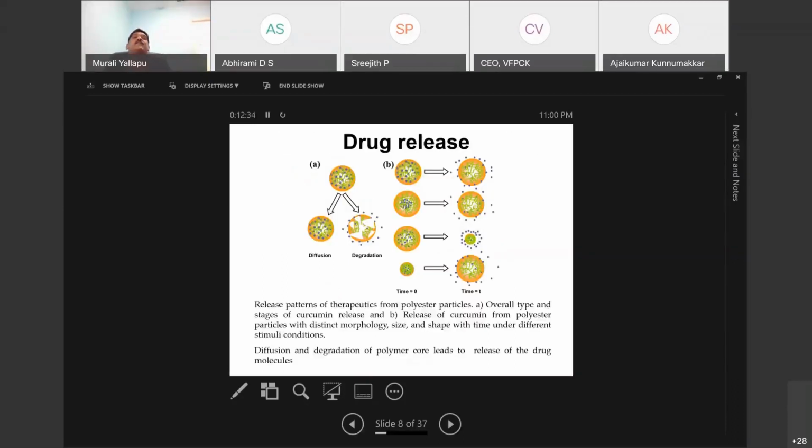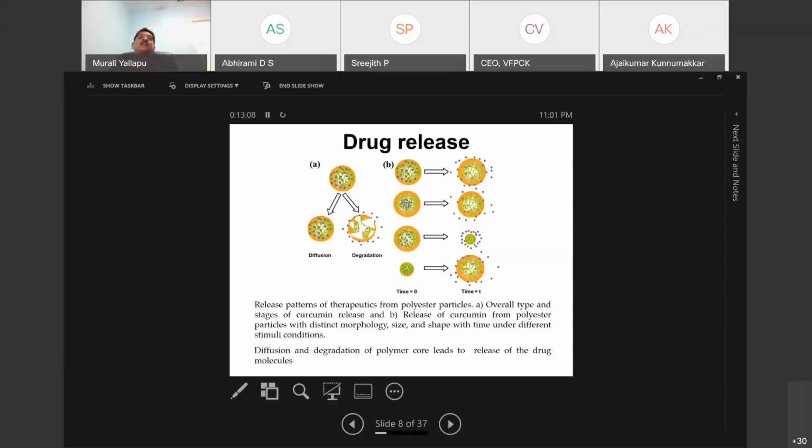And the next important factor is, if you are using it for drug delivery or imaging delivery or any other biomacromolecular delivery, its release is going to be a key factor. Depending on the application, you can choose a material that gives you diffusion characteristics of release, or it could be a burst release using quick degradation by various means.